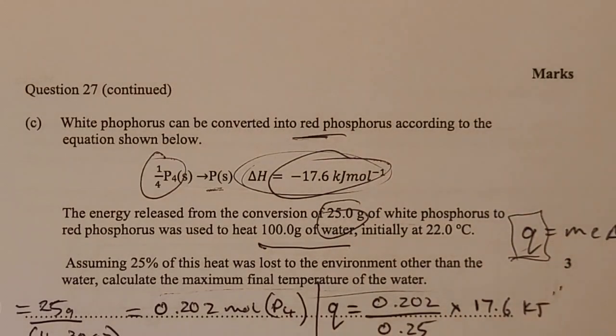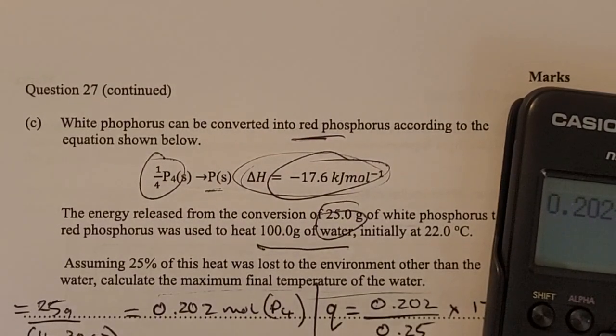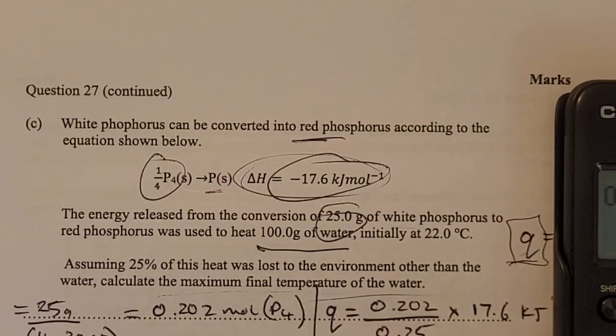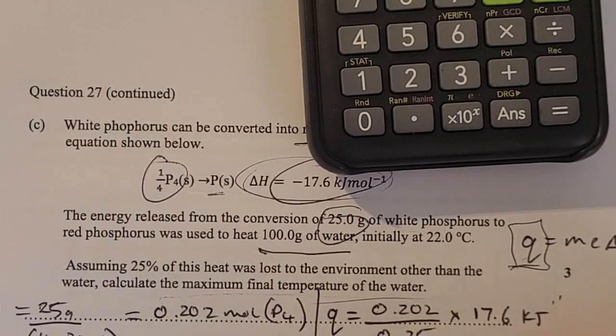So we've got 14.22 kilojoules of heat from the 25 grams of P4.